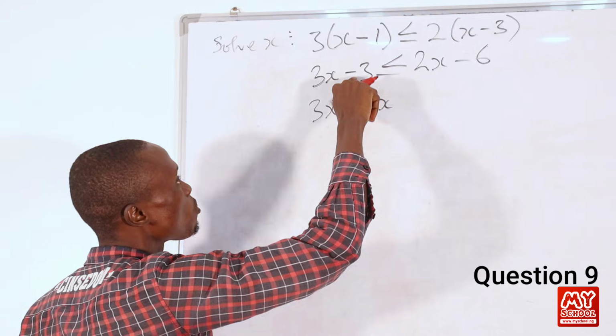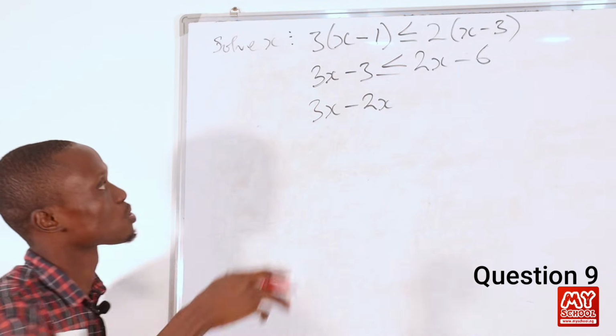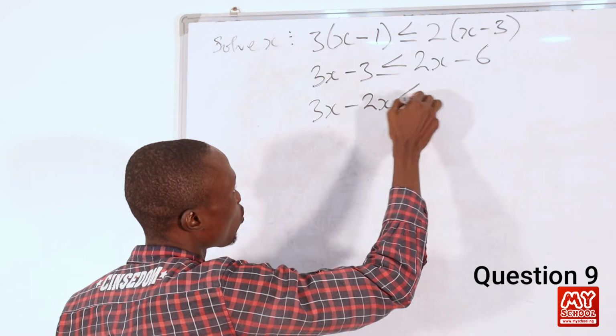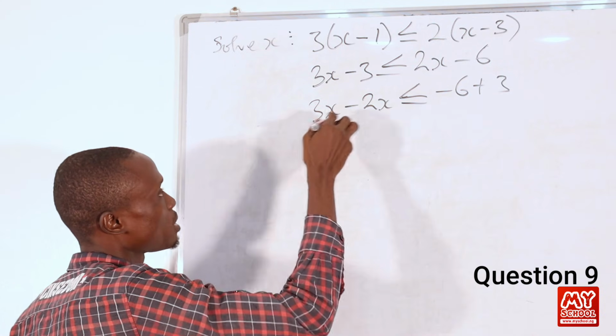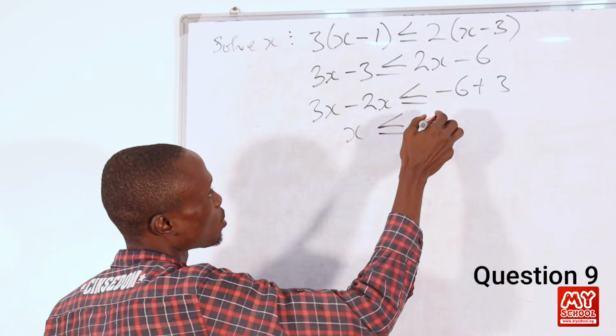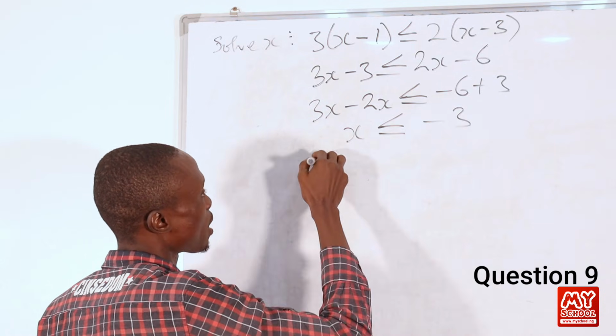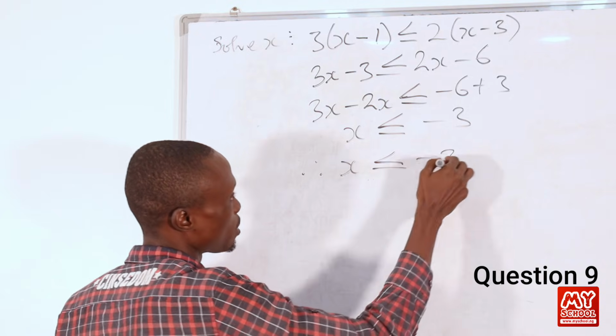Okay, so we move this minus 3 to the other side, and basically that will change to plus. So put less than or equal to, and that will be minus 6 plus 3. So 3x minus 2x will be equal to x, then it's less than or equal to minus 3. So our answer is x is less than or equal to minus 3.